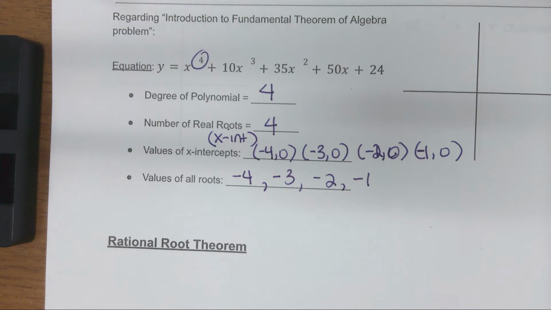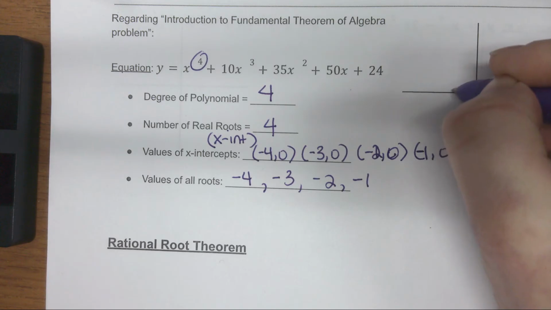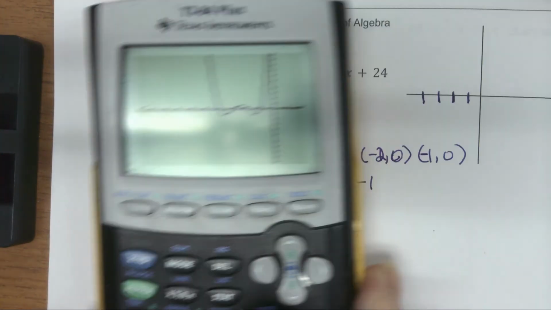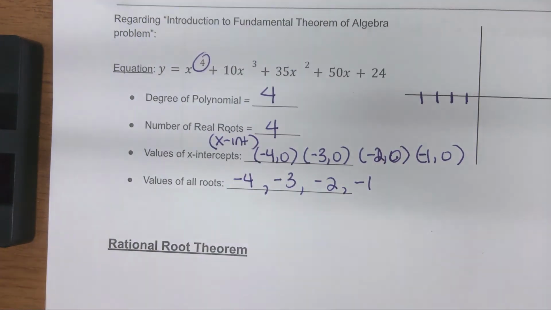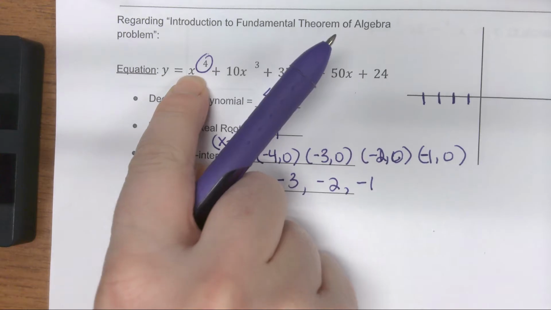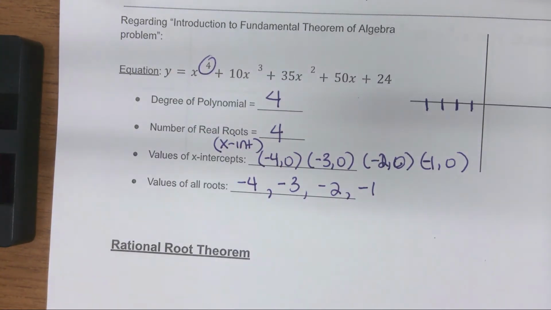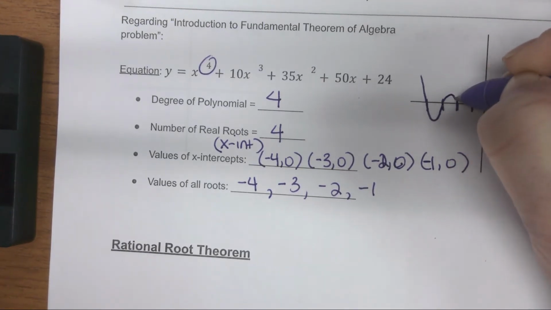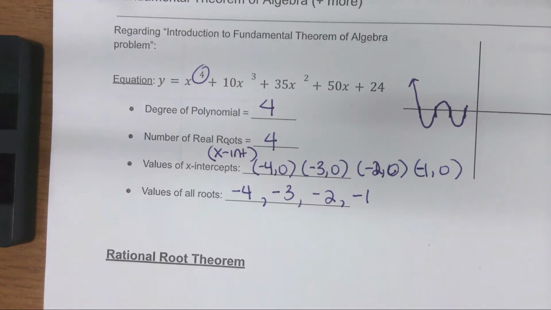Kind of like from yesterday, you did a nice job on this. If I wanted to do a sketch of my graph, just looking at what we have here, I am going to have, remember, a positive leading coefficient, so up, up, and looking at the graph, this comes down, crosses, and then crosses again. Where does it cross the x-axis, by the way? Hopefully you didn't forget everything from yesterday.